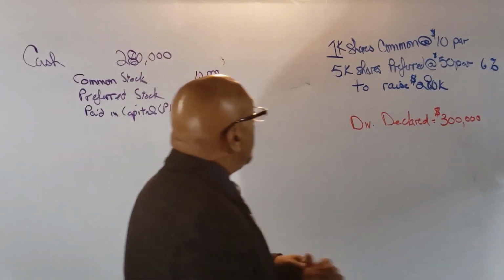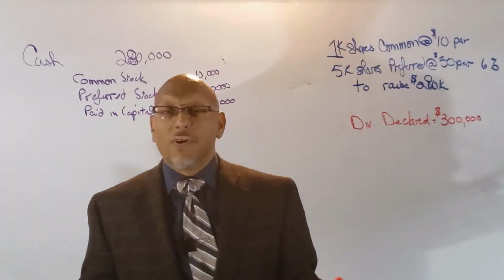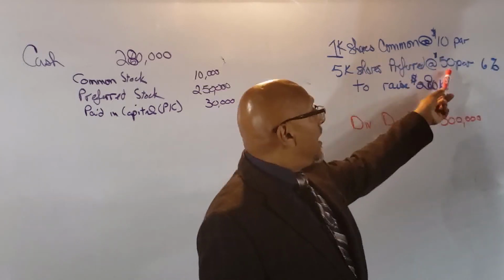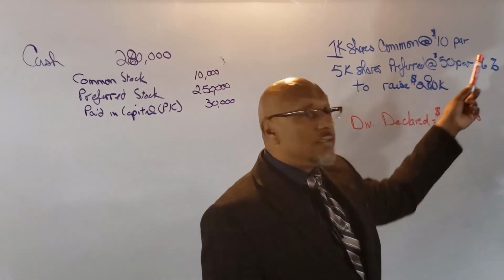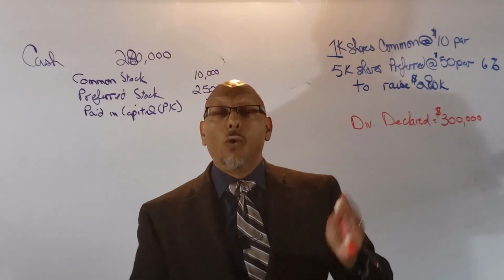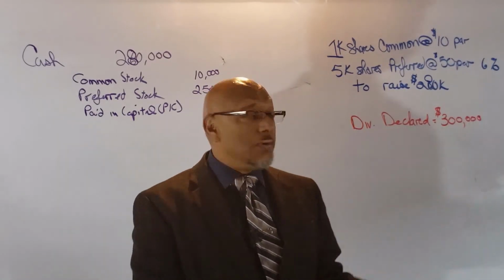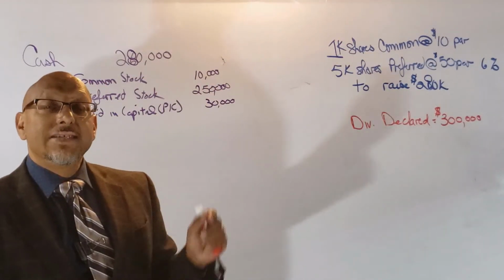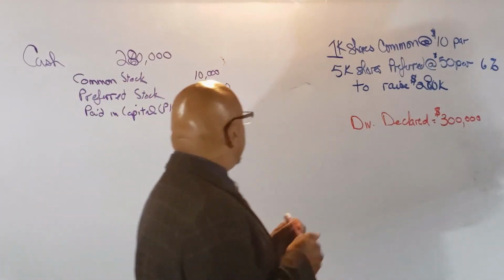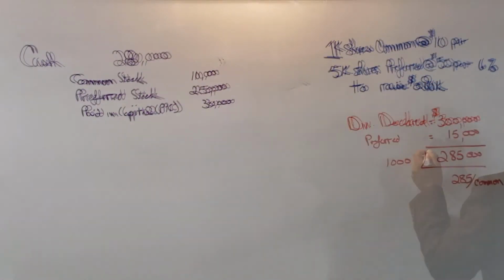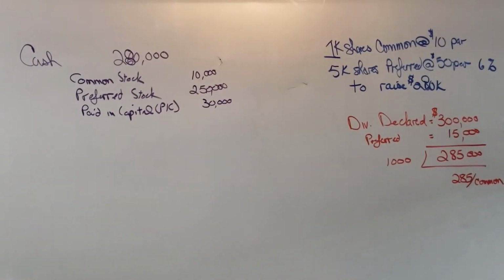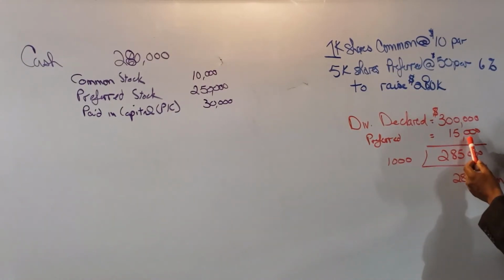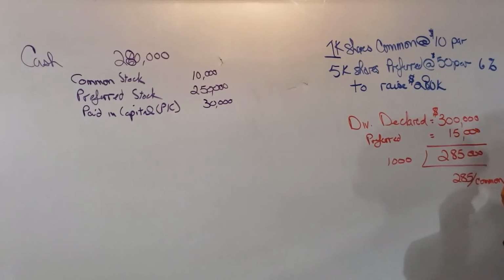So how do we figure the dividend for preferred? It's the number of shares outstanding times the par value times the percentage, or times the flat dollar amount. This is a percentage. So that's 250,000 times 6%, which equals 15,000 for the preferred stockholders' dividend.